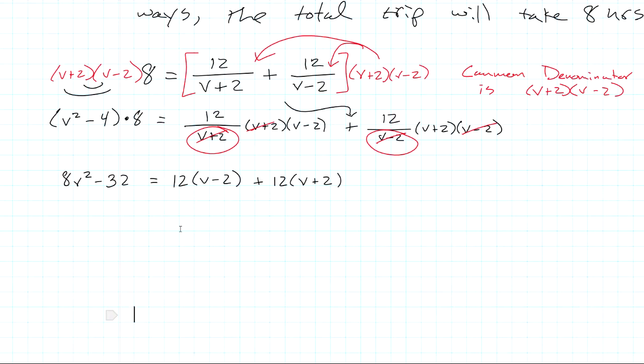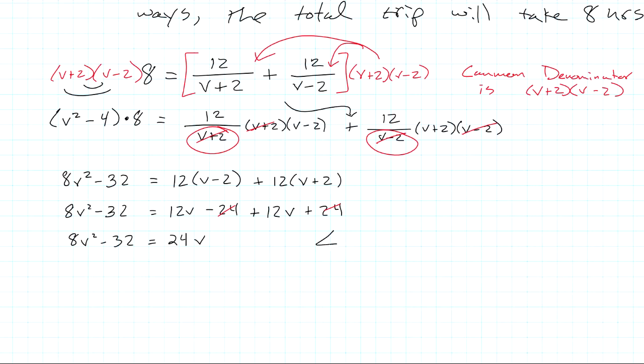And let's distribute the 12s and combine like terms on the right side there. We'll have 12v minus 24 plus 12v plus 24. We can cancel the 24s, minus 24 and plus 24. And so we'll have 8v squared minus 32 equals 24v.